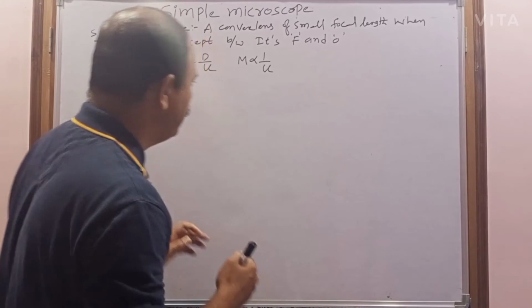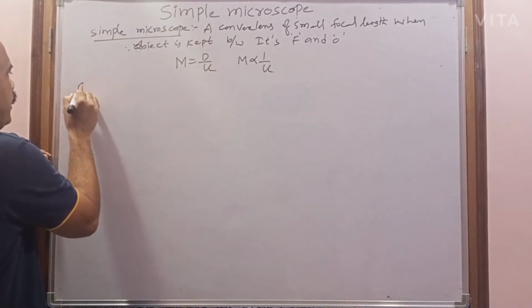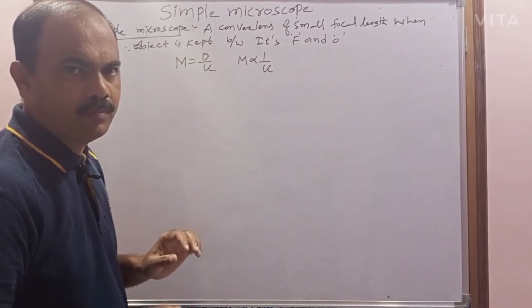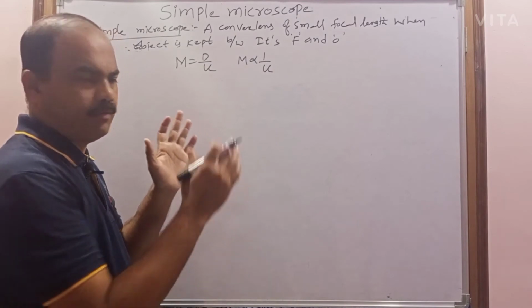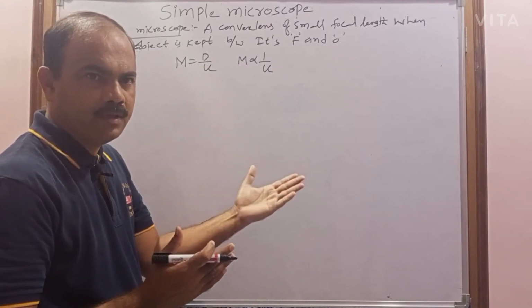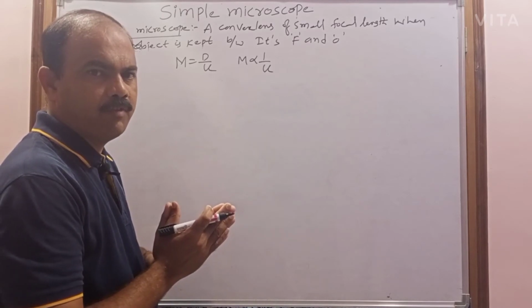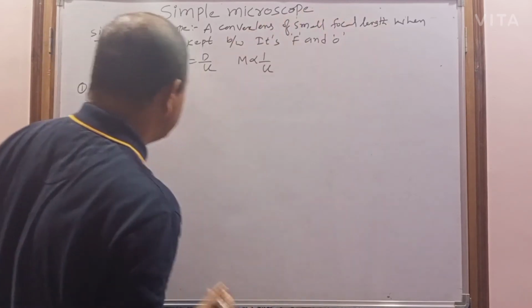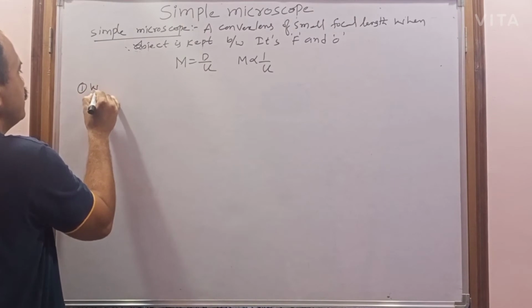You have to remember. Now first, I am going to find the magnifying power of the simple microscope when it forms the image at the near point, and when it forms the image at the far point.